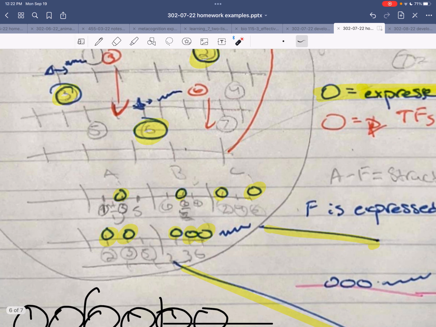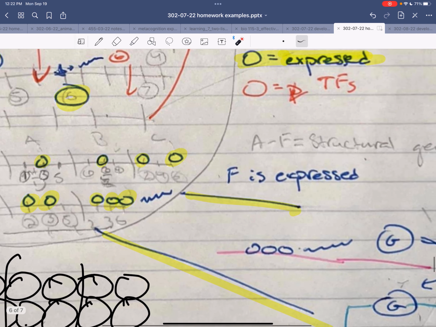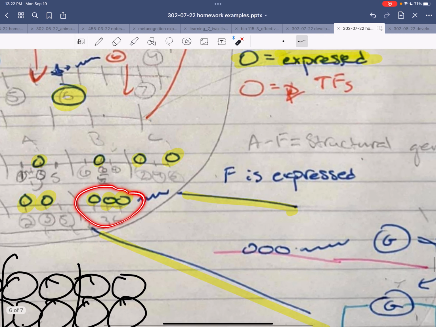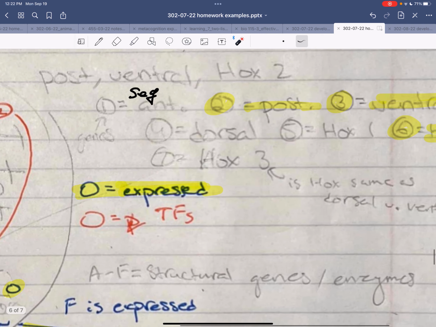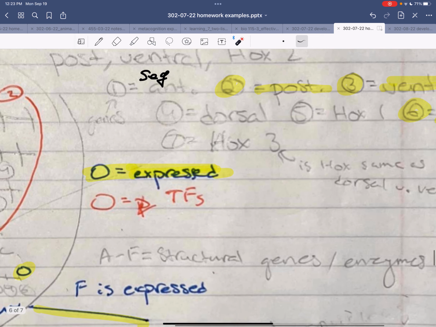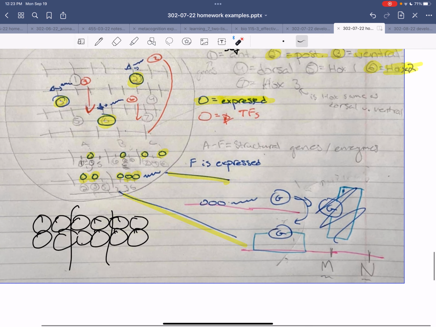So it won't be expressed. However, this gene down here, it gets 2, 3, and 6. So it's getting segment posterior, ventral, and HOX2. And so it gets expressed. That makes it, this person decided, gene G.